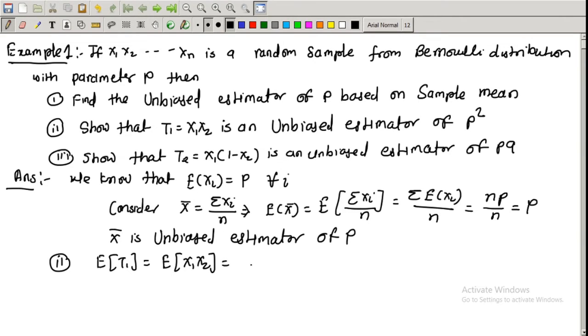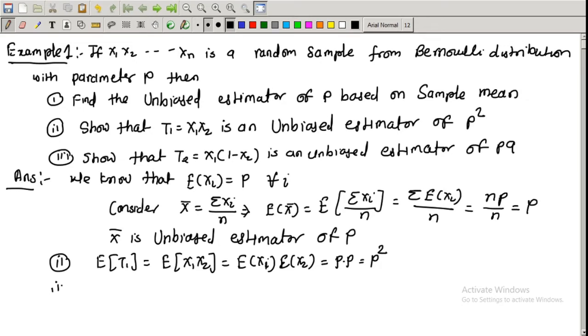So we are taking a random sample, so x1 and x2 are independent. So you can take expectation inside: expectation of x1 into expectation of x2. Expectation of x1 is p, expectation of x2 is also p. So your answer is p square.